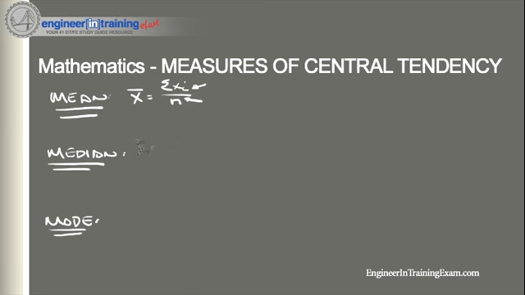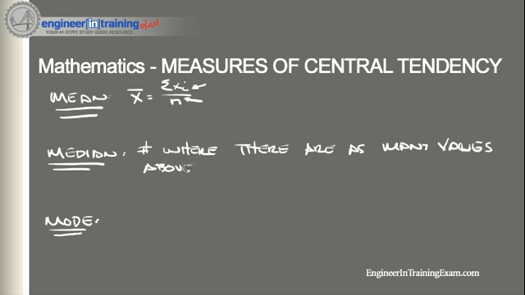So to talk about another measurement of central tendency, let's talk about the median. The median is simply the number where there are as many values above as there are below.